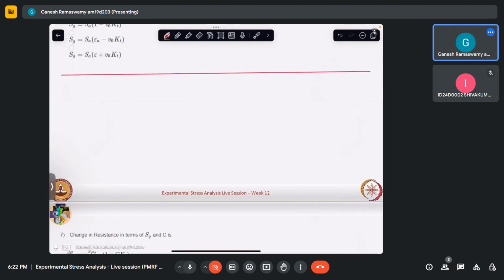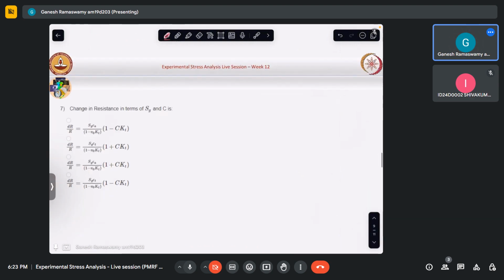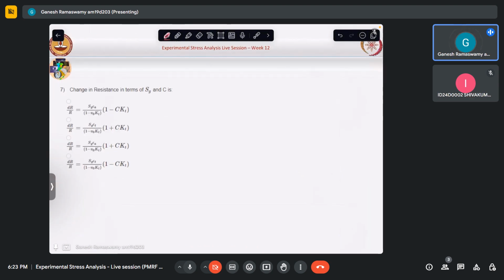So, this is the condition when epsilon T by epsilon A is not equal to mu naught. So, what happens during that time? So, let us see what happens. One expression that we have already at our disposal is delta R by R is equal to Sa epsilon A into 1 minus mu naught Kt.